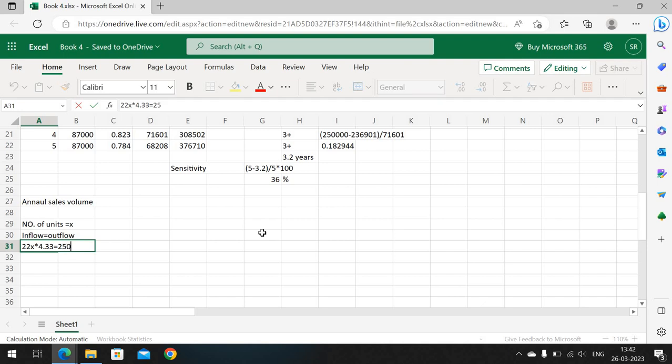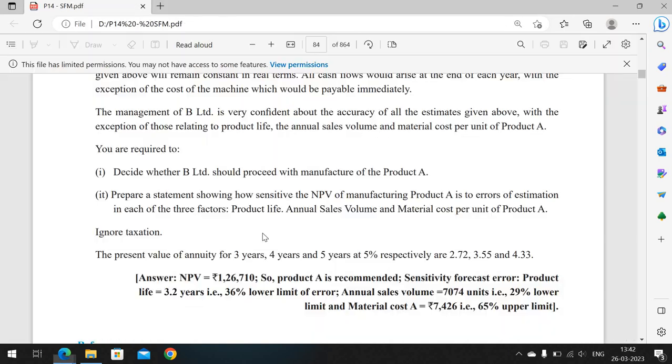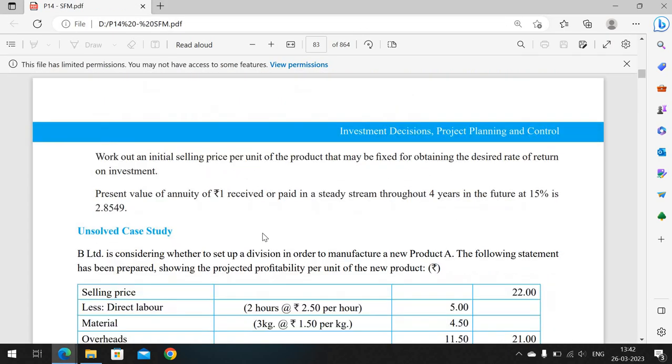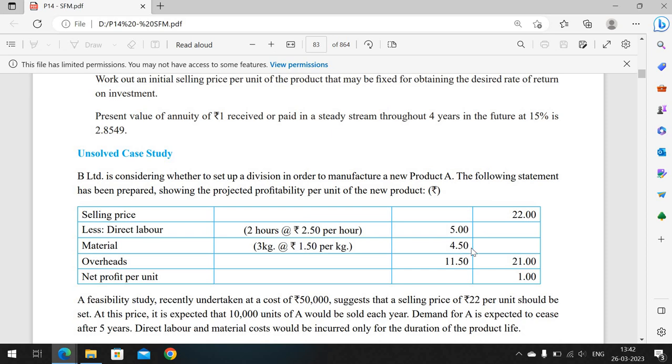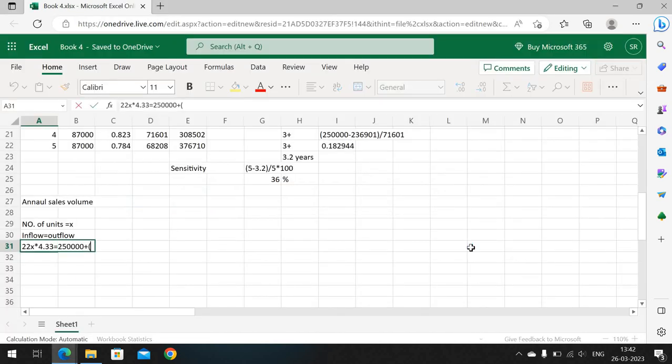Outflow is 2.5 lakhs plus material cost 4.5, labor 5, variable overheads 2.5, into number of units X, into 4.33, plus fixed overheads 8,000 plus 5,000 manager salary into 4.33.